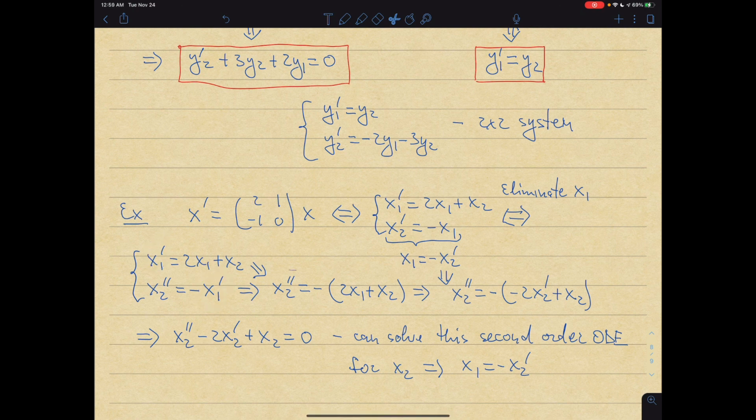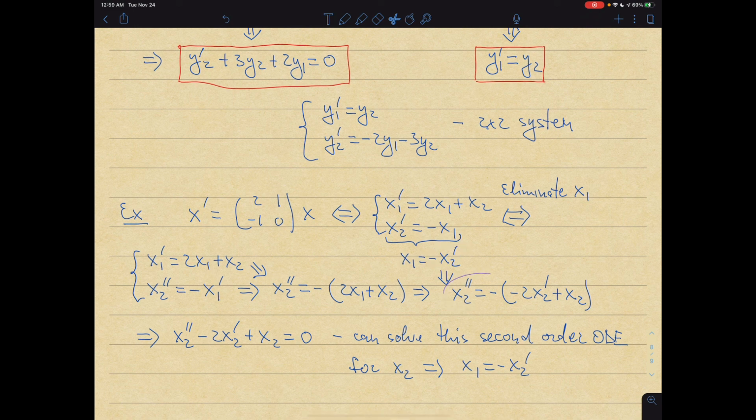Then x2 double prime becomes minus the right-hand side of the first equation. But this equation now contains two x2 terms and one x1. What I know about x1 from my original second equation is that x1 is minus x2 prime, if I solve it for x1. And therefore I can replace x1 here by minus x2 prime.